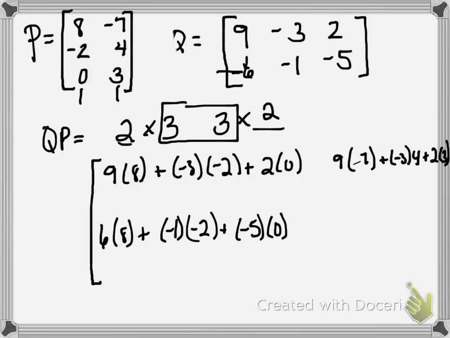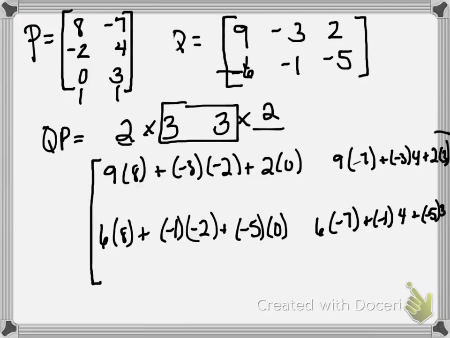And moving on, second row still times the second column now. So I have 6 times negative 7 plus negative 1 times 4 plus negative 5 times 3.